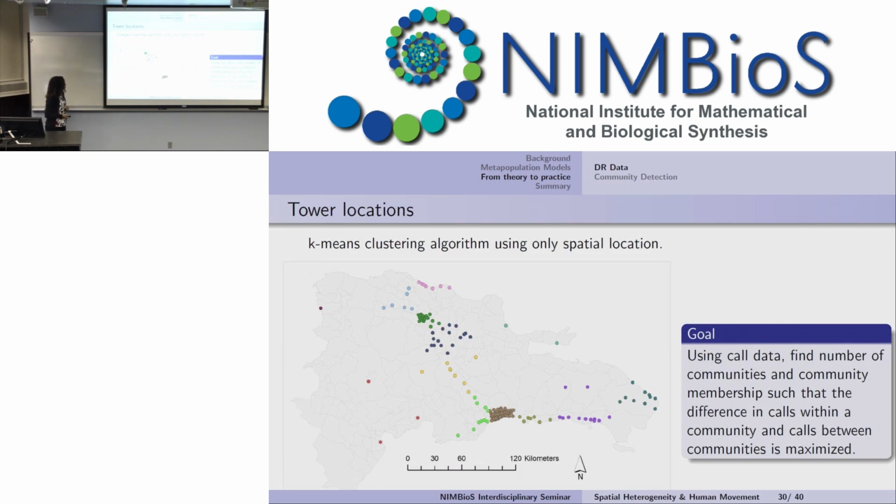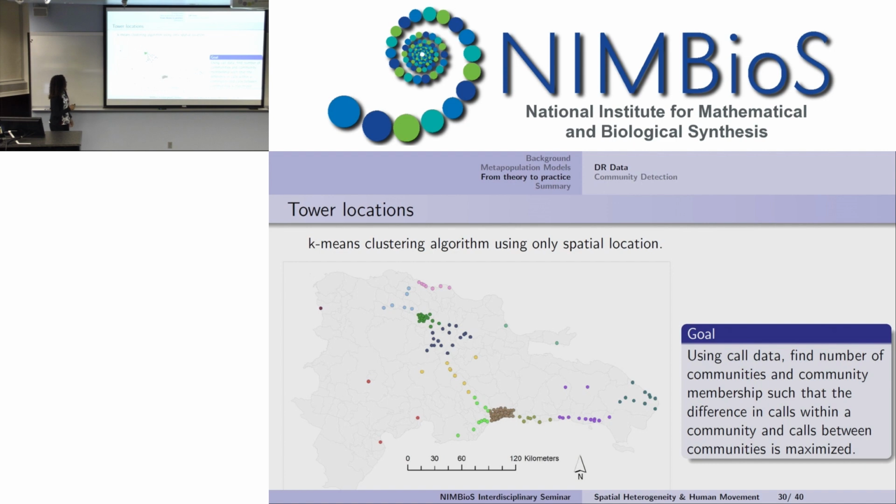Another shortcoming is that cell phone towers, it turns out, are not uniformly distributed across space, and for good reason. So when we do our analysis, we wanted to know how much of our community structure is coming from the fact that some of these towers are close to each other.